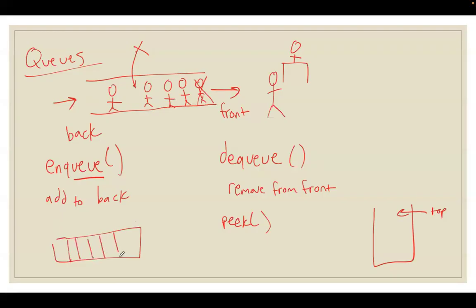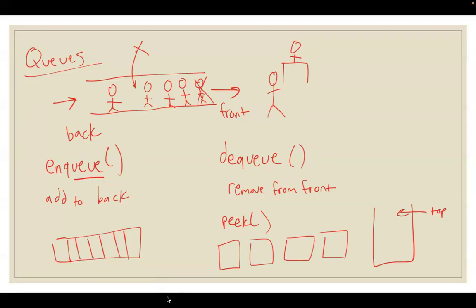So if you draw a big long rectangle split into cells, what does the front of the queue look like when we're putting the data into an array list? What does it look like when we're using linked lists? Let's start with array list. Draw pictures, and then we'll come back together and write some code.